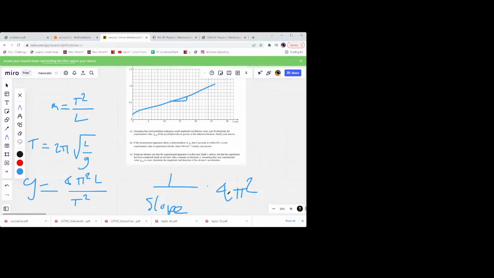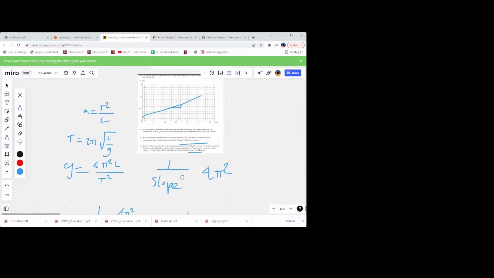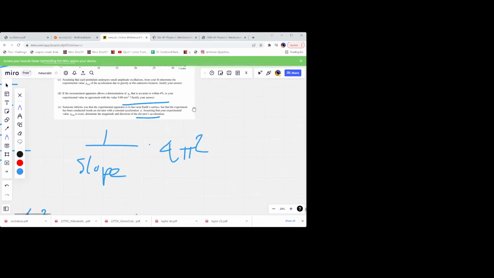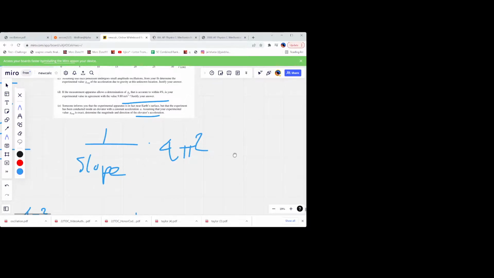Well, I guess from this, we now know that this is wrong. Like, it's not true. But anyway, assuming that our g experimental is exact. Okay, sure. Let's assume that our g experimental is exact. Then, with a constant acceleration a.